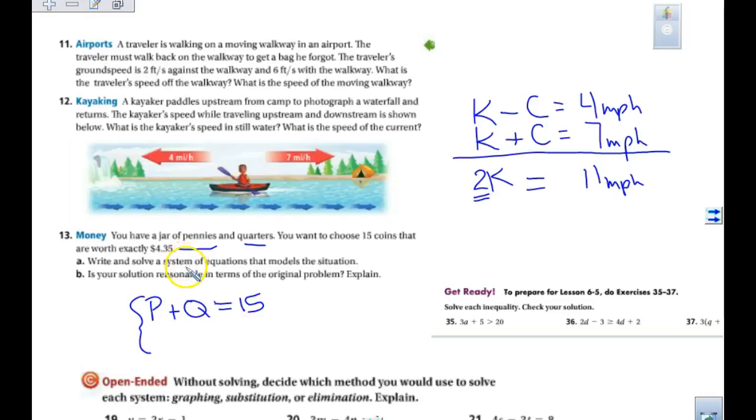Doesn't matter, you just have to decide. 435. So if we're going to go 435, then I can go with what? 1p plus what? How much is your quarter worth? 25q. If I don't want to deal with the decimals, 1p, 25q, or you could have had this equation being 0.01p plus 0.25q equals 4.35. Are you going to get the same answer both ways? Yes. This one was just everything multiplied by 100, okay?